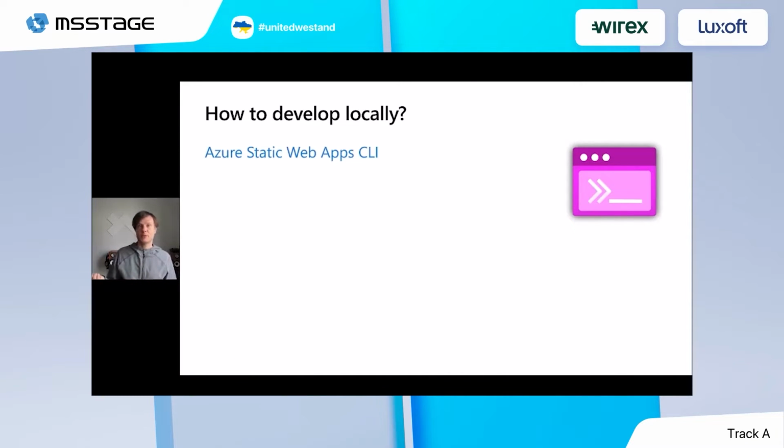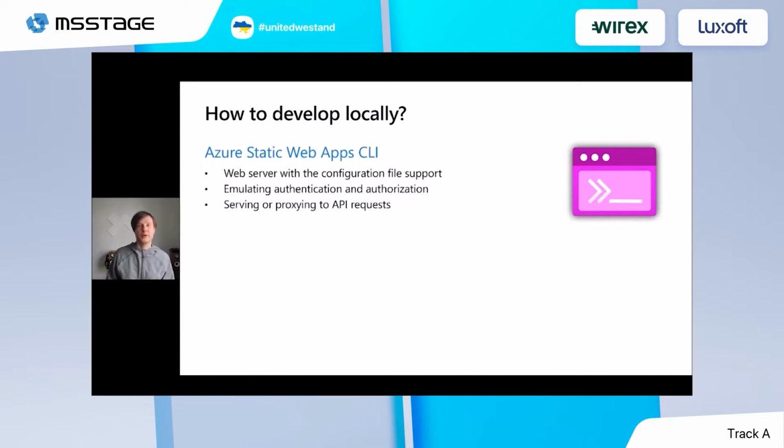We have another great helper tool called Azure Static Web Apps CLI, Command Line Interface. It helps us with the web server itself, and of course this is a web server which is ready to serve, for example, single page applications, and it actually supports all the routing supported by Azure Static Web Apps itself, like on the server.